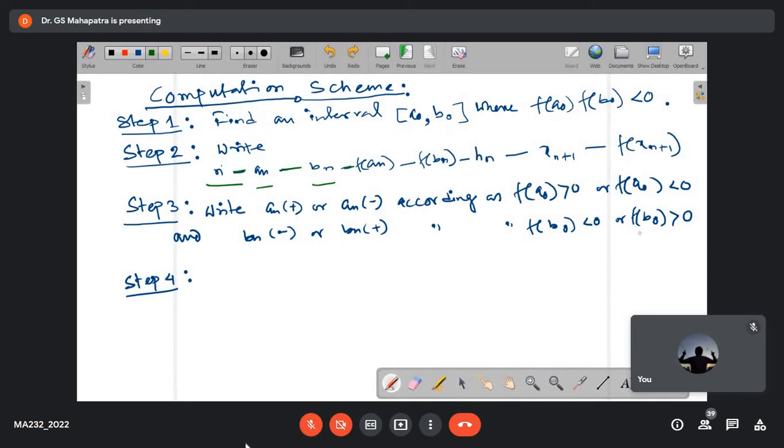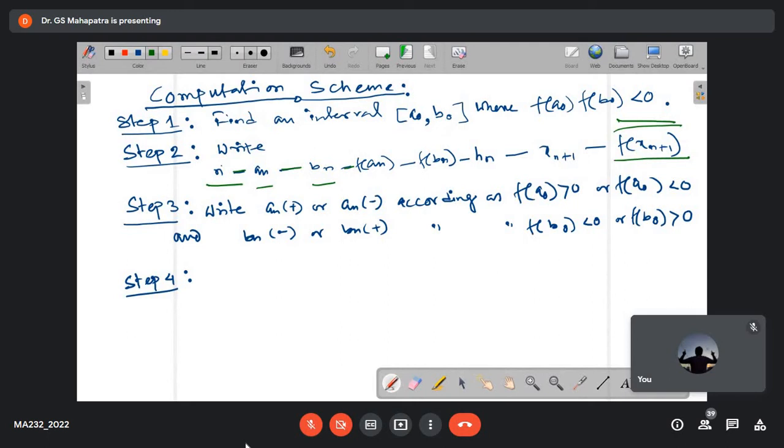But for that purpose also you have to evaluate it. So for each step you have to find all these. We have to construct a table, and in that table we need all this information.